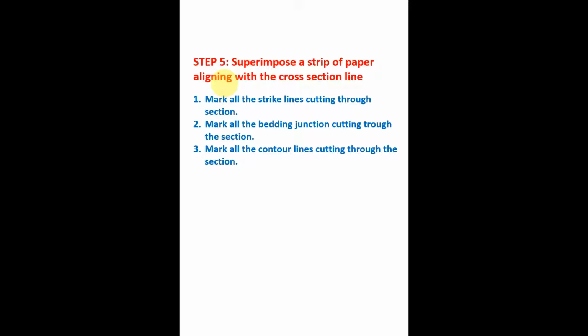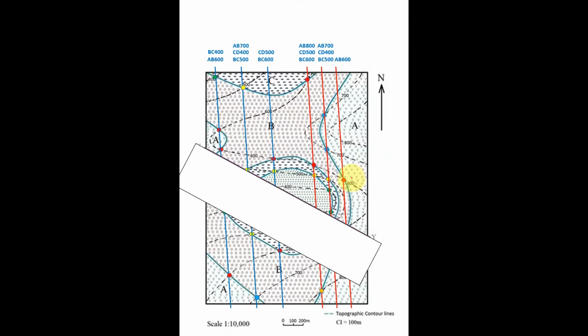Step 5 is where we actually start drawing the cross section. We take a strip of paper and put it across that XY line, and first we mark the X and Y. X and Y always have to be marked first. This will be the boundary inside which we need to draw our map.